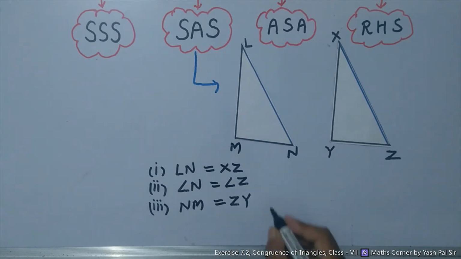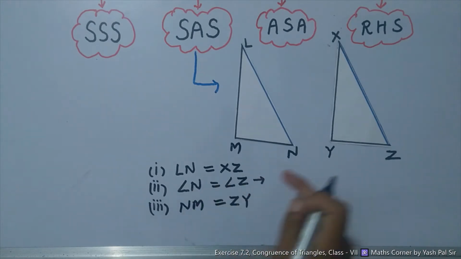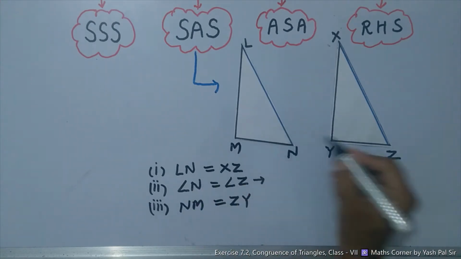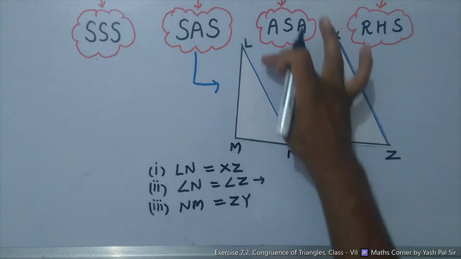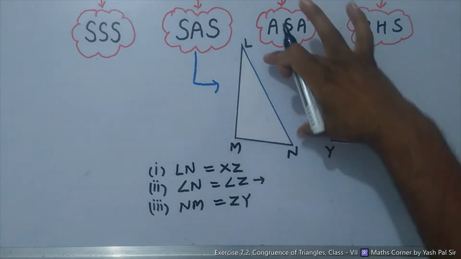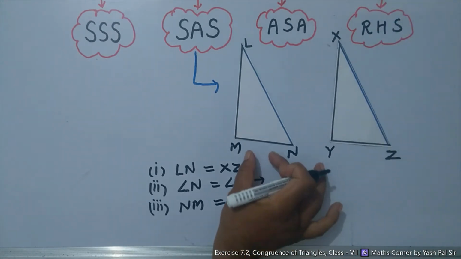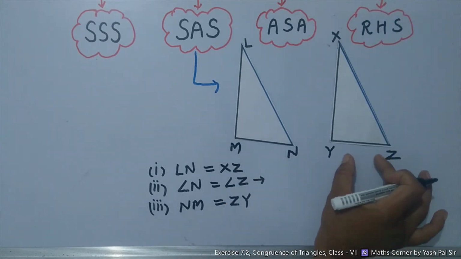So it is very important that this angle N is made in between these congruent sides, LN equal to XZ, NM equal to ZY.